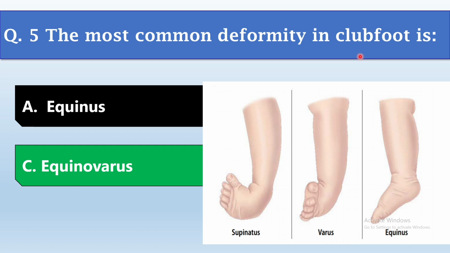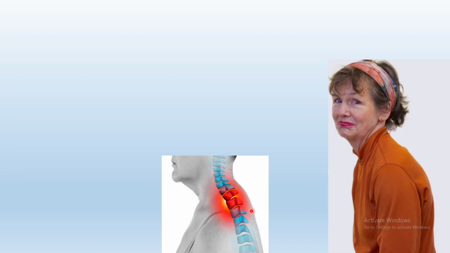The deformity of club foot is a combination of equinus and varus. In equinovarus deformity, the foot is plantar flexed and inverted, and this is the supinated foot. See the picture and guess the condition, and comment below.